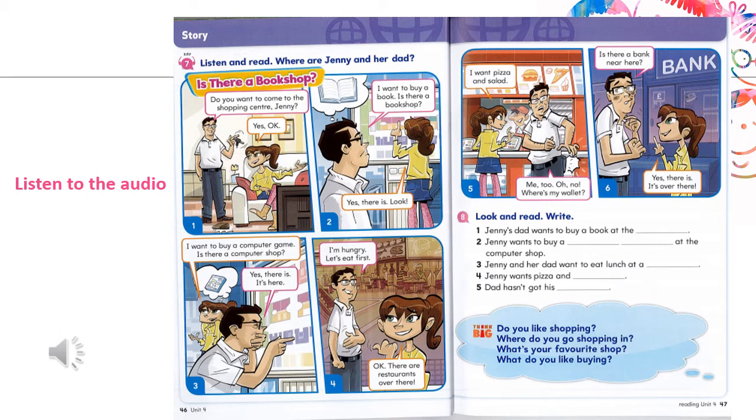Is there a computer shop? Yes, there is. It's here. I'm hungry. Let's eat first. OK. There are restaurants over there.